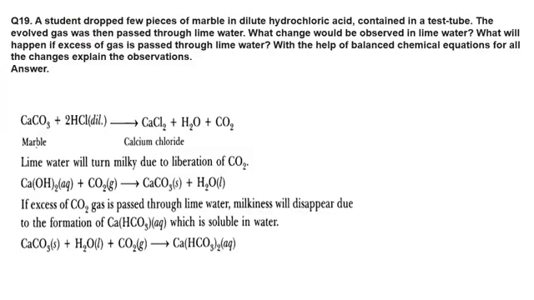A student drops a few pieces of marble in dilute hydrochloric acid contained in a test tube. Marble is nothing but CaCO3. The evolved gas is then passed through lime water. Now what is formed? The evolved gas, definitely, because this is calcium carbonate, which is a salt of carbonate.